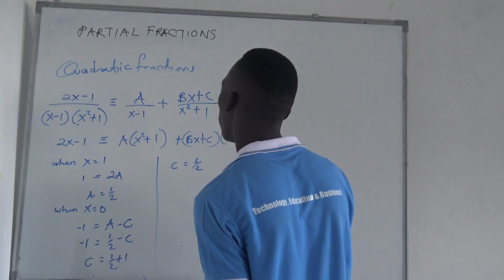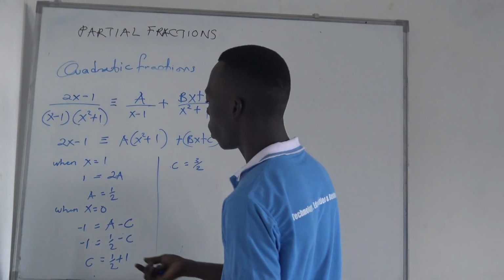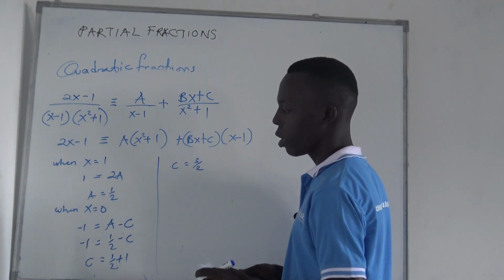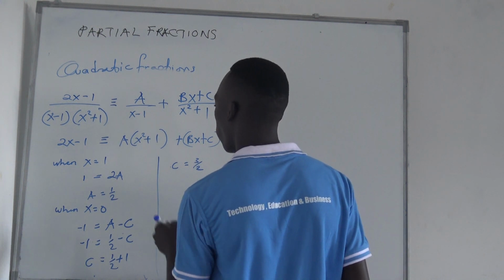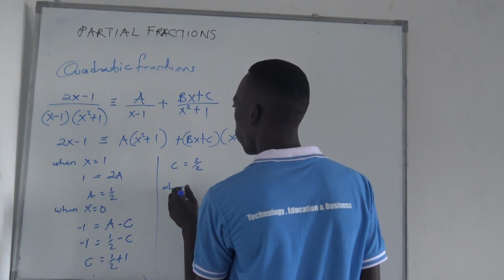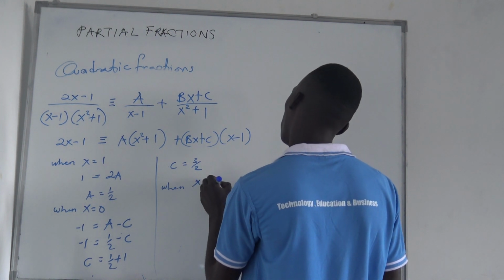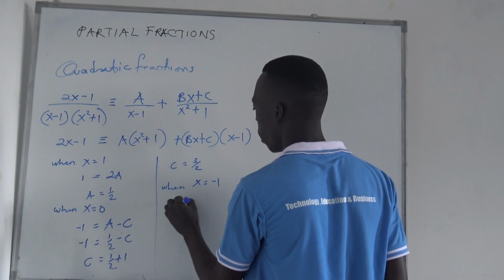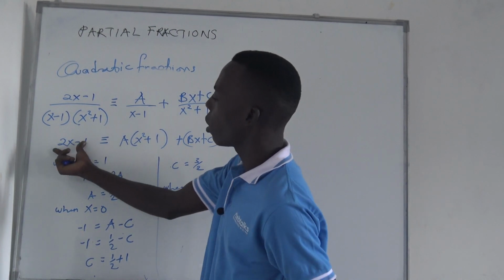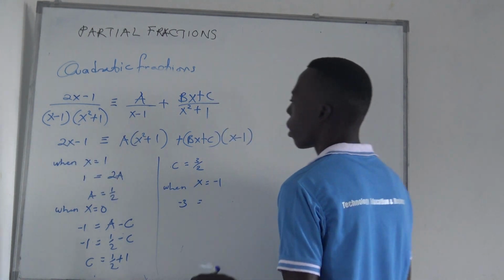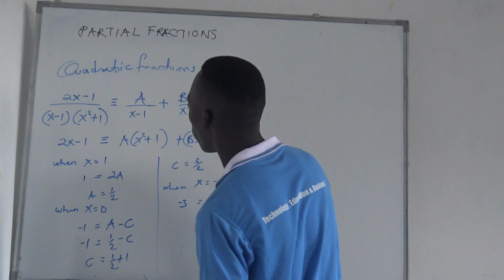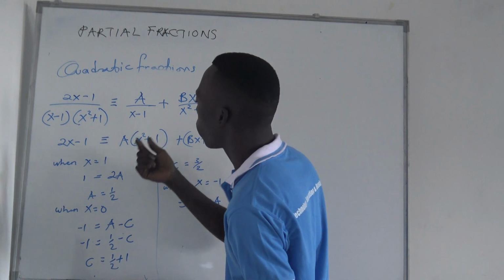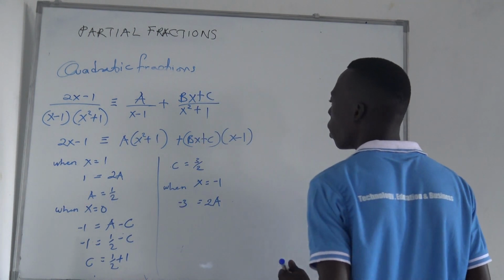After getting that, we can continue with getting the value of B. Since we have A and C, we can get B. So we say when x equals negative 1, put in negative 1, so here we shall have negative 3 equals 2. When we put in negative 1 here, the result will be negative 3. Also put negative 1 here, which gives us 2A, since when you square negative 1 you get a positive.